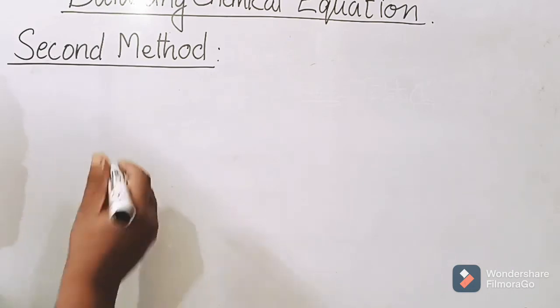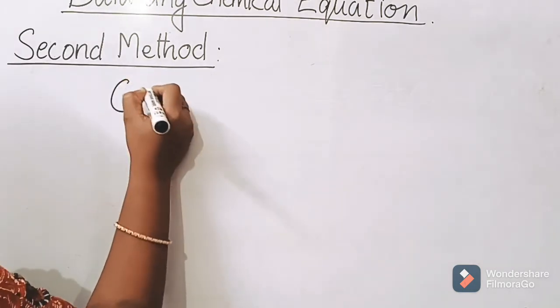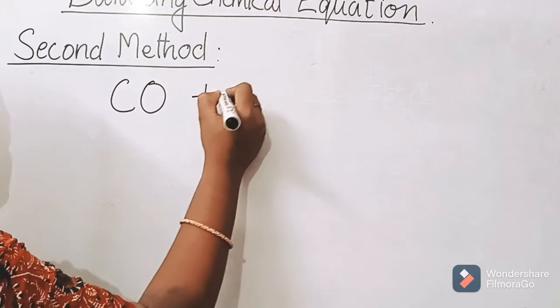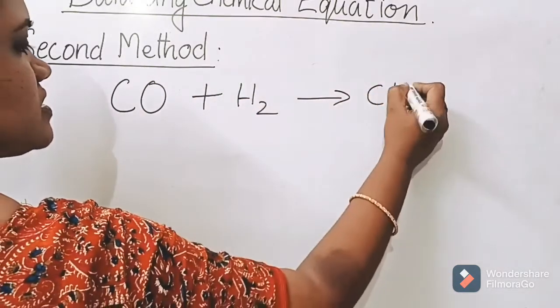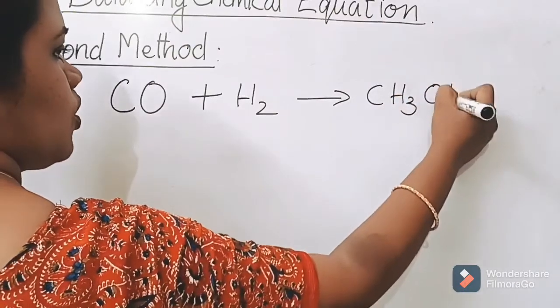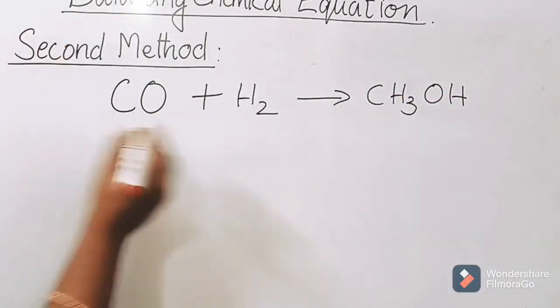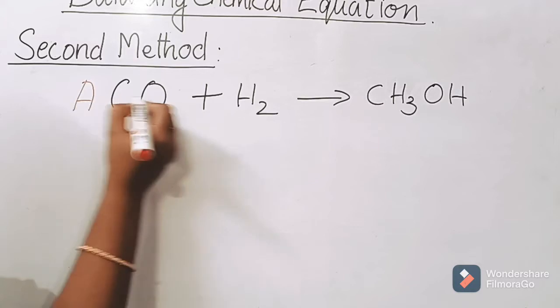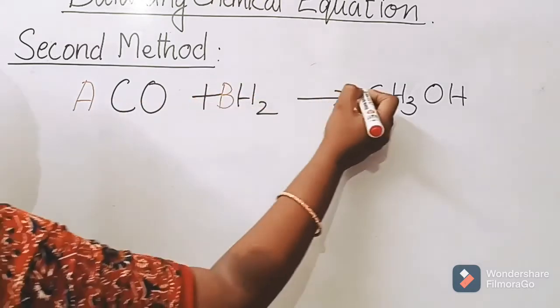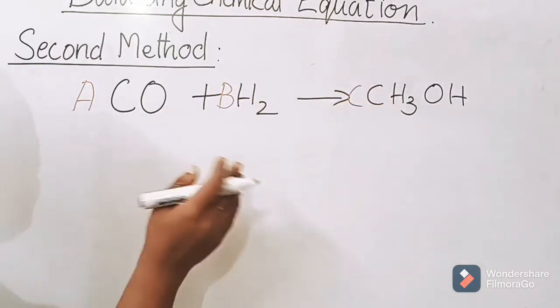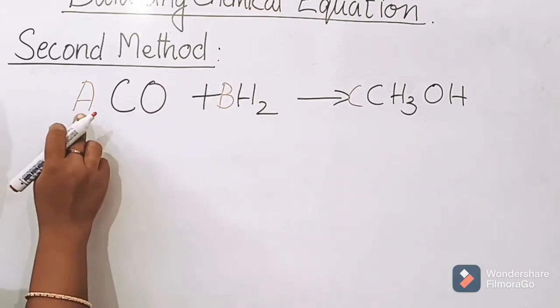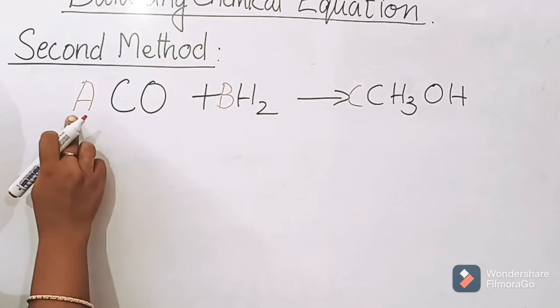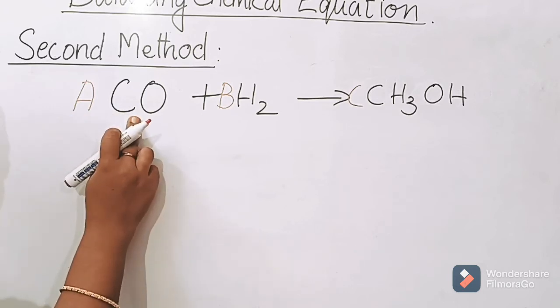Now, let us see one more example, the same example that we have discussed. CO plus H2 gives CH3OH. Here we will write the alphabets A, B and C. Now we will multiply the number of atoms with each coefficient. About the carbon atom, there is only one carbon atom in the reactant side.